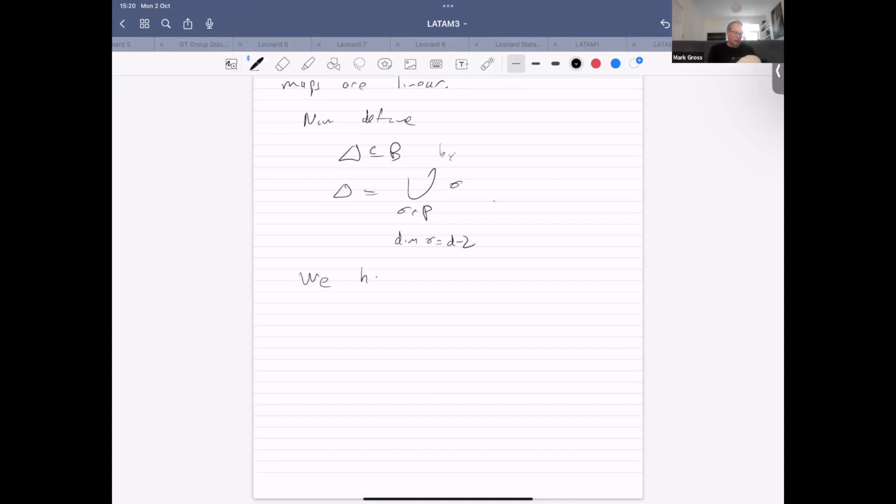We have now defined an affine structure on B0, which is B minus delta. And this turns B into an integral affine manifold with singularities.